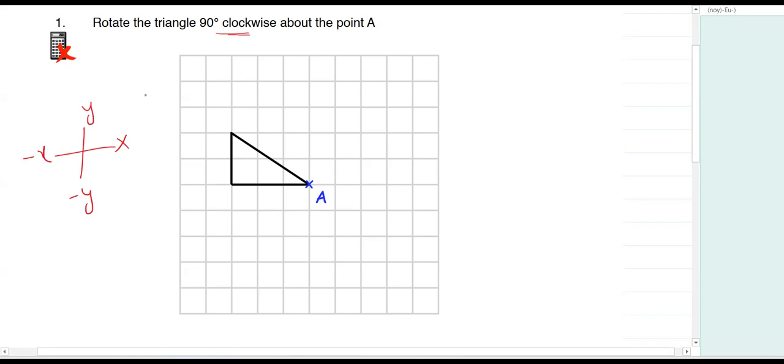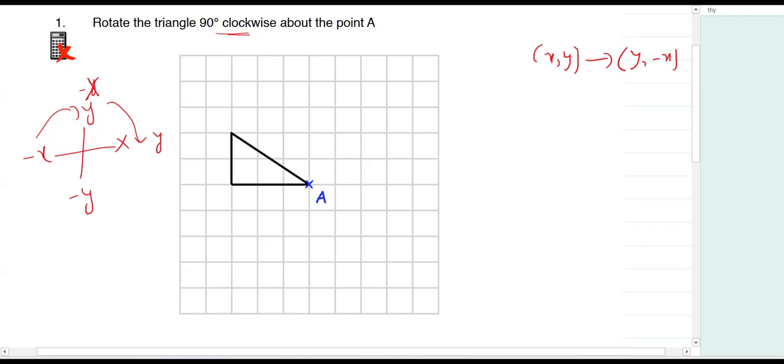What you need to do for 90 degrees clockwise: this will come here, it will become y, and this will go here, -y. Check these two only. If it was (x, y), it will become, sorry, -x, because this is minus x. It will be (y, -x). You will swap them and change the sign.